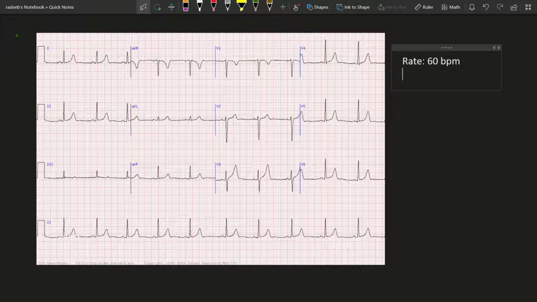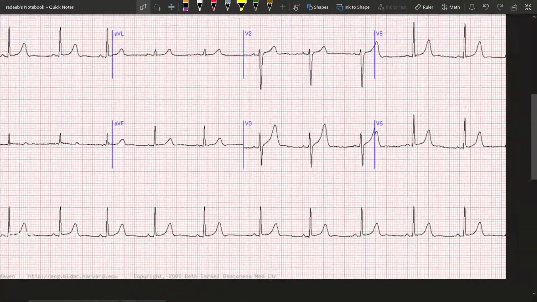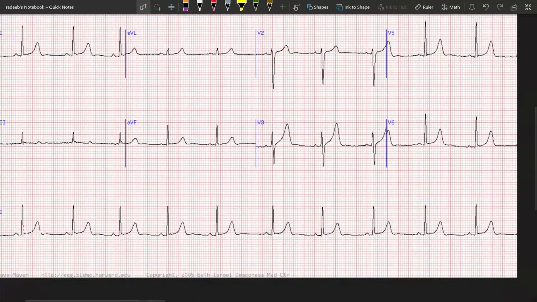The next step in our systematic interpretation is to determine the rhythm. When you determine the rhythm, the basic questions to ask are: do you see a P wave before every QRS complex, and do you see a QRS complex following every P wave? So here, if we look at the lead 2 strip that goes across, we identify every P wave.